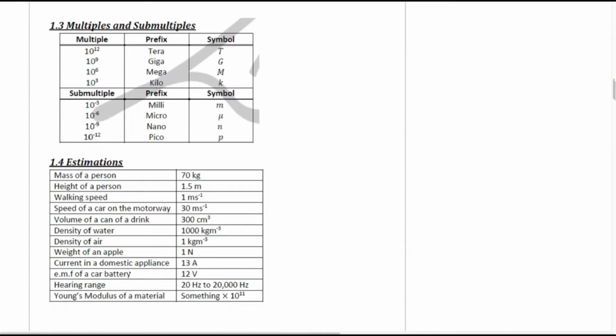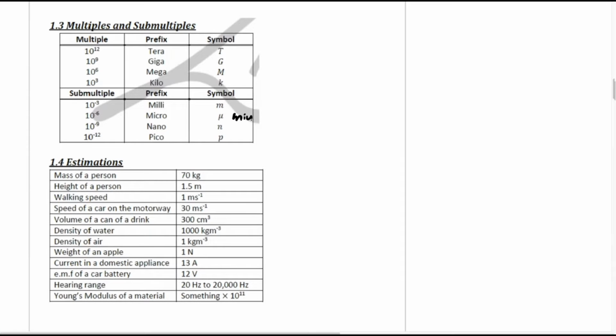Okay, 1.3, multiples and submultiples. For multiples, we have 10 to the power of 12, which is tera, symbol capital T. 10 to the power of 9, giga, G. 10 to the power of 6, mega, capital M. 10 to the power of 3, kilo, K. Under submultiples, they are taking negative power. 10 to the power of negative 3 is milli, M. Negative 6 is micro, this symbol is known as mu.